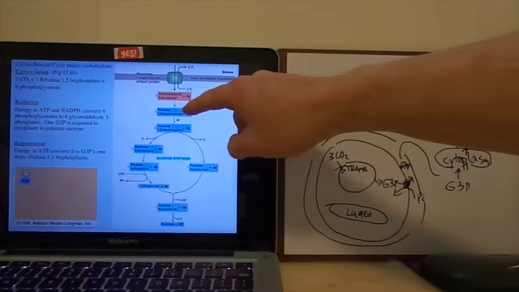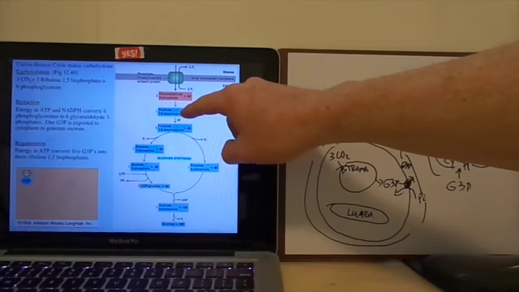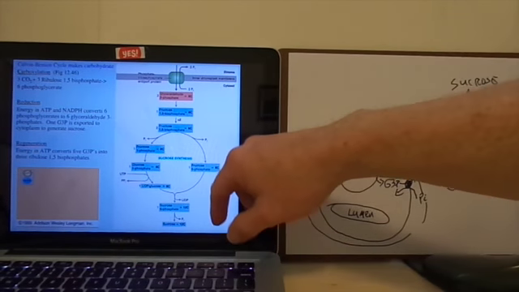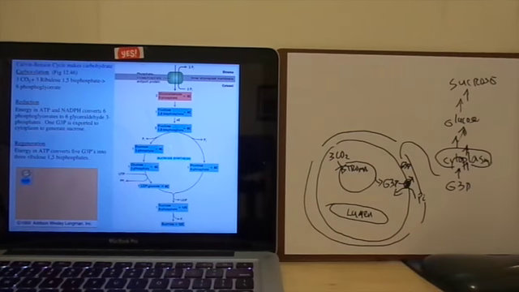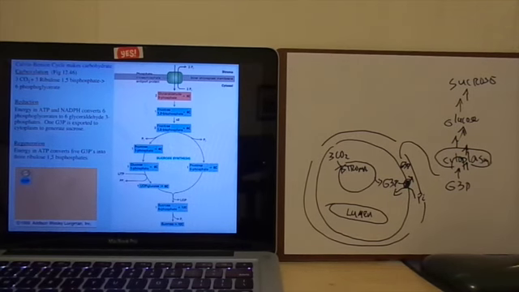If you look at the intermediates in here, which are not intermediates you need to worry about, but you've seen this before, fructose 1,6-bisphosphate, fructose 1-phosphate, glucose 1-phosphate. Well, it's glucose 6-phosphate in glycolysis, but it's going like that.